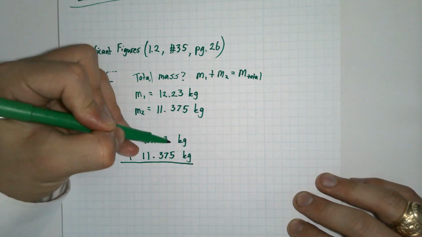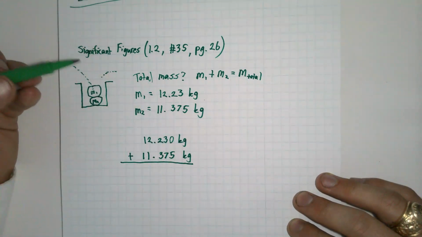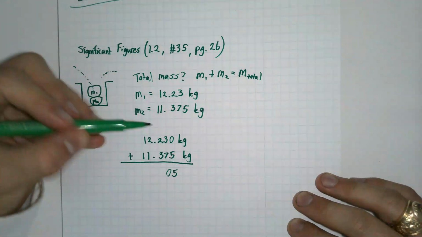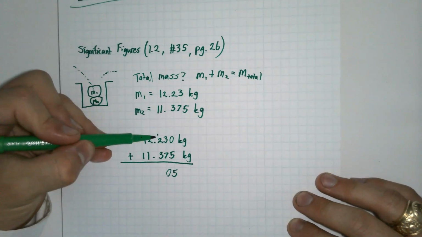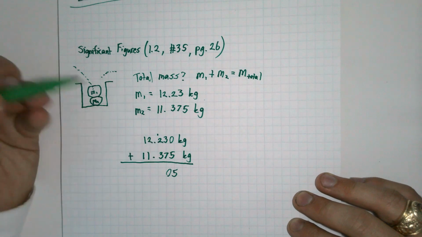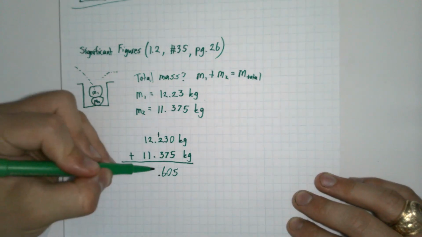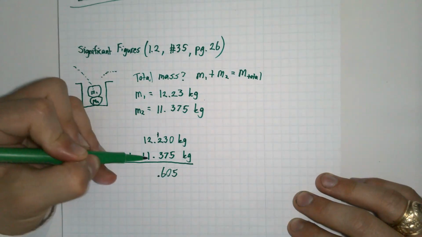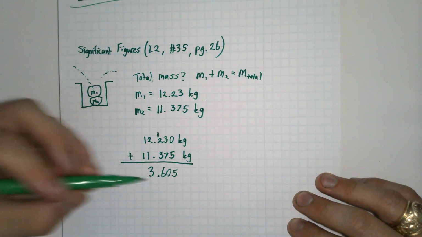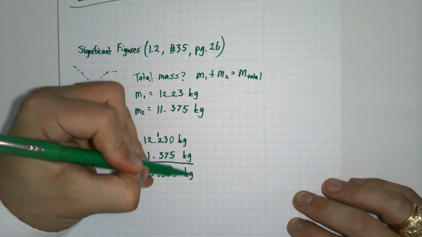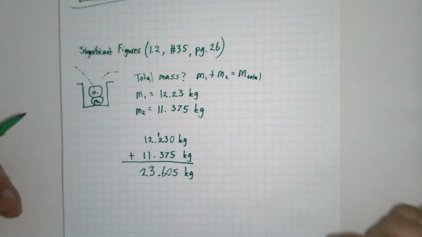So here would be a 0, so we can put a 0 there. 5, 7 plus 3, 0, carry 1. So now 2 plus 3 is 5, plus another 1 that we carried, so 6. Put my decimal place. And then 2 plus 1 is 3, 1 plus 1 is 2. And then I'll carry down my units here, kilograms, to denote mass.